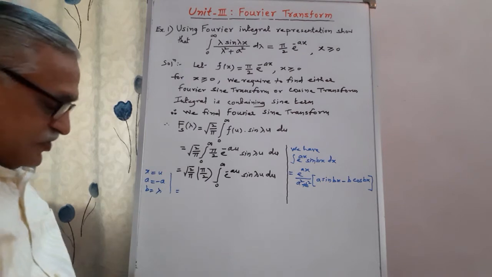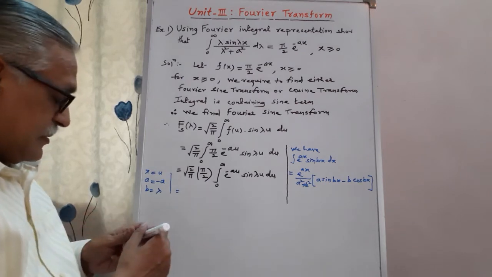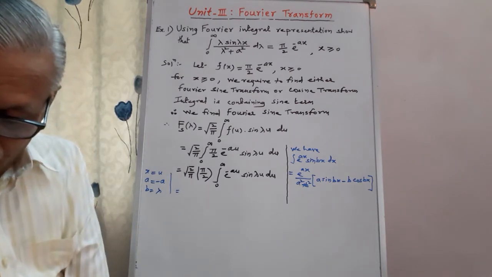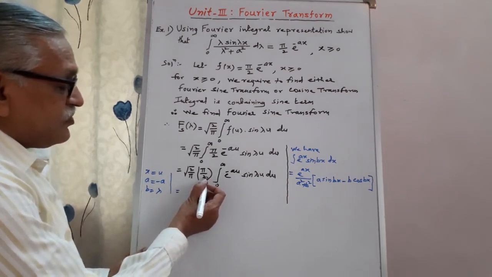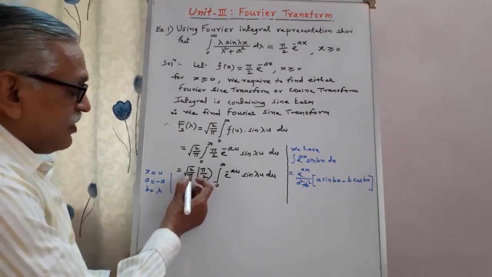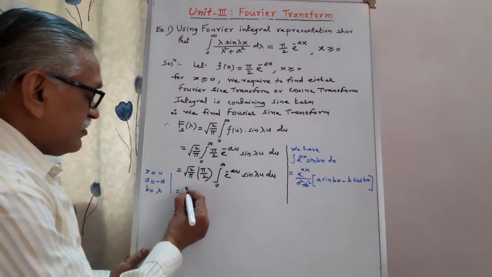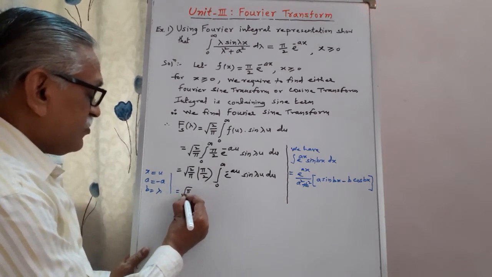We get it is equal to, this pi by 2 I can write down as root pi by 2 into root pi by 2. Cancel with one, therefore the remaining is root of pi by 2.